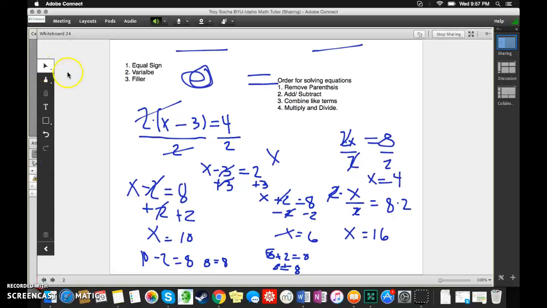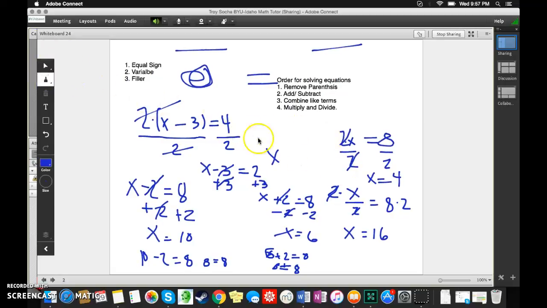That one adds. We get x equals 5. And this should satisfy our rule that it's got to solve the equation. If we put 5 in here, 5 minus 3 is 2, times 2 on the outside, and that equals 4. So we get 4 equals 4. And indeed, our equation is true.